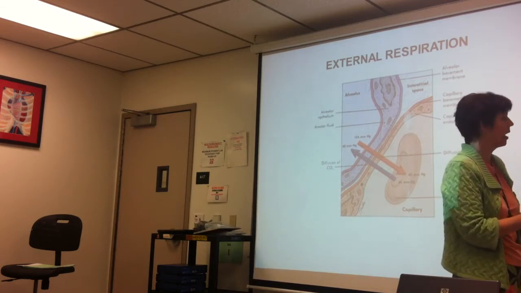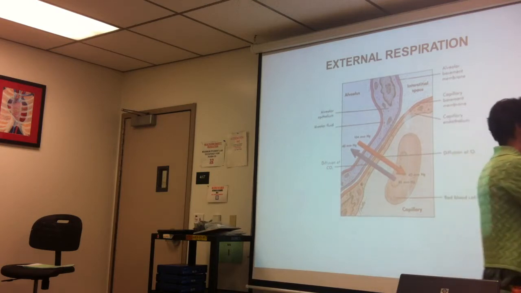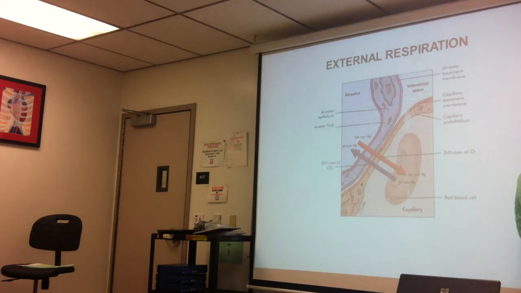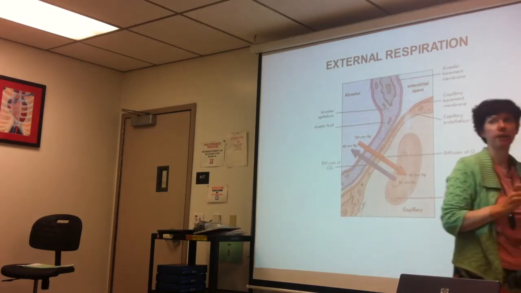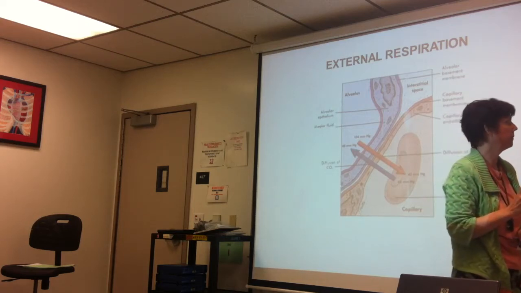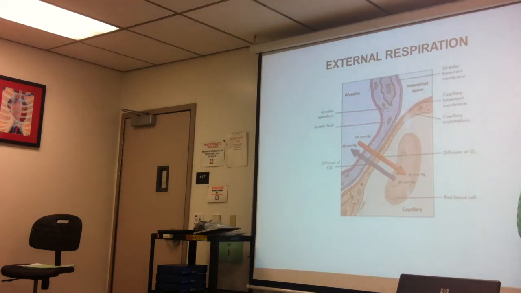Alveolar oxygen pressure is given as PO2 equaling 104 millimeters of mercury for alveolar air.